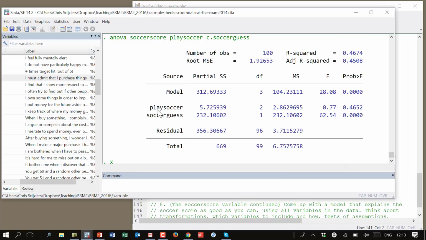Now we see that the play soccer variable is no longer statistically significant. So it doesn't matter anymore if you play soccer or not, as soon as you control for the soccer guess that people have made, which makes sense. I asked you before, do you know something about soccer? And that will, in all likelihood, indeed correlate with how many questions you actually have correct.